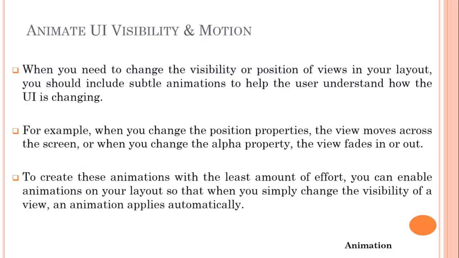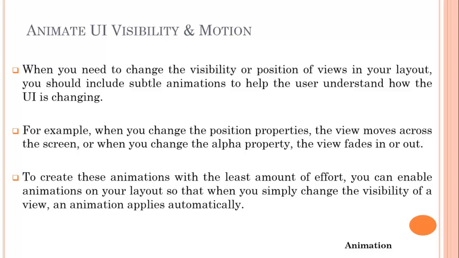And the second is animating user interface visibility and motion. This means to draw animated images that change their shape during runtime and are in motion. When you need to change the visibility or position of views in your layout, you should include subtle animations. This means moving animations to help the user understand how the user interface is changing.